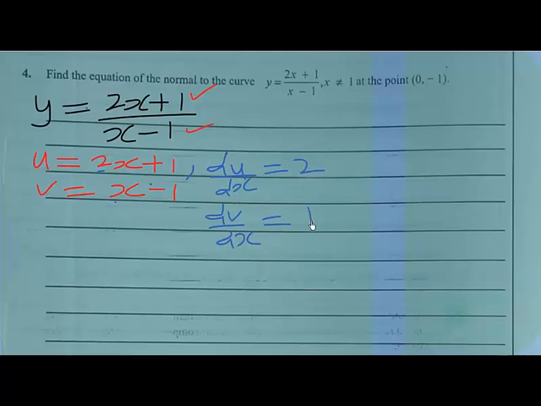So recall the quotient rule. dy dx is equal to v du dx minus u dv dx all over v squared.